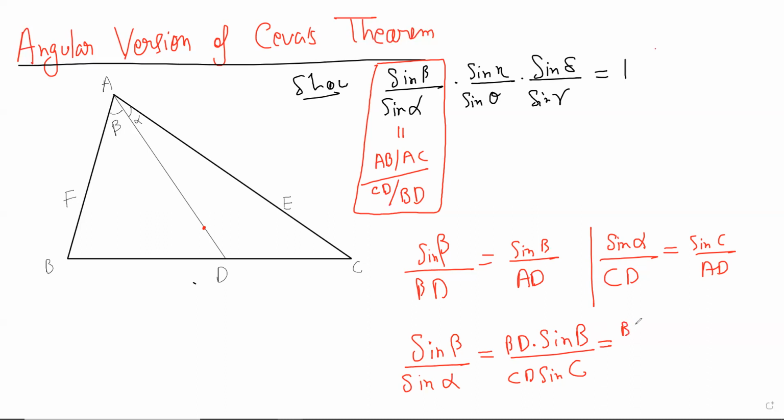But then again from the sine law, we know that sine B by sine C is AC by AB. Is that right? Sorry, it will be AB by AC. Yes. Right.